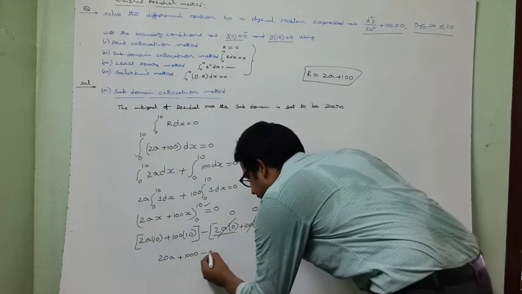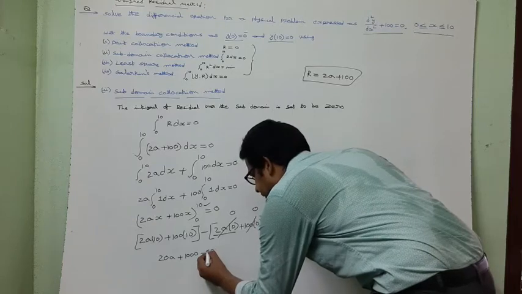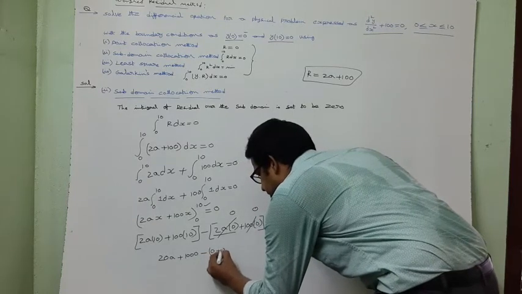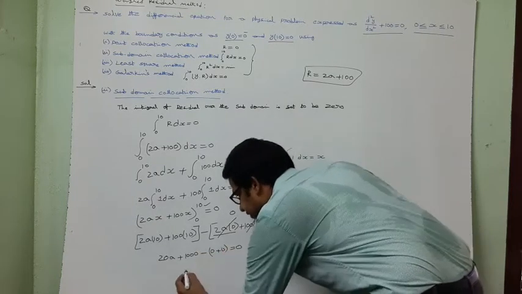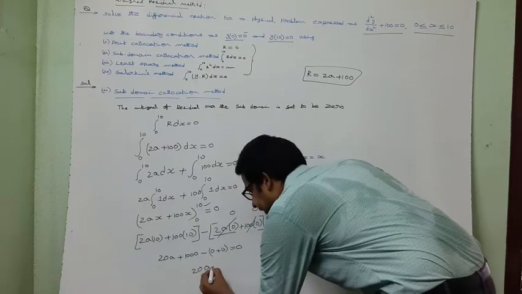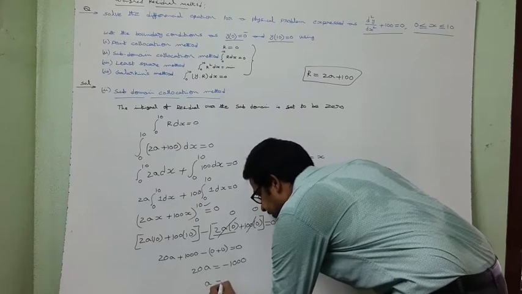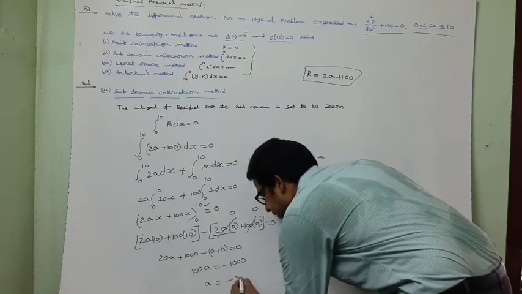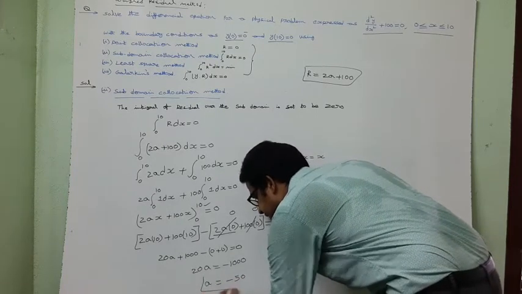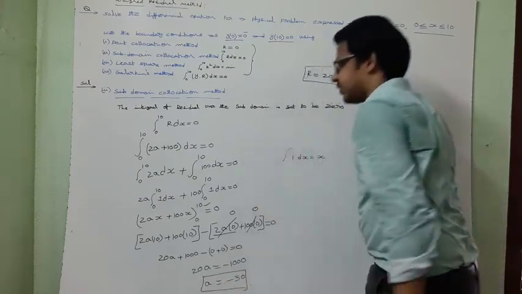So the final equation is 20a is equal to minus 1000, so a is equal to minus 50.